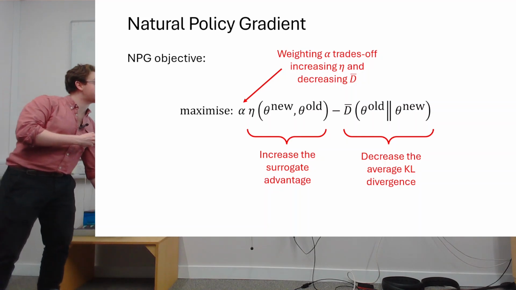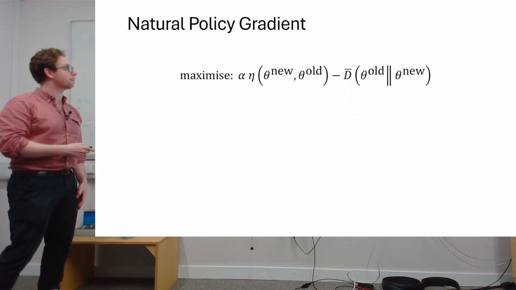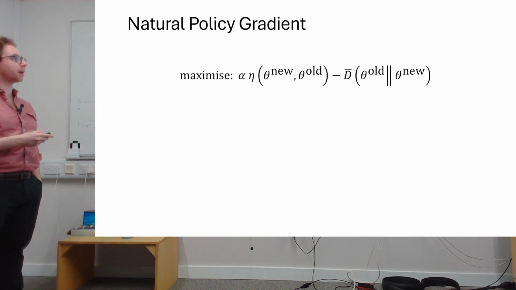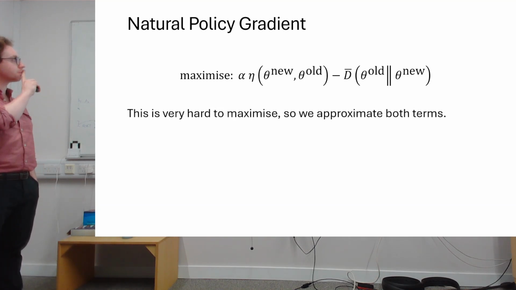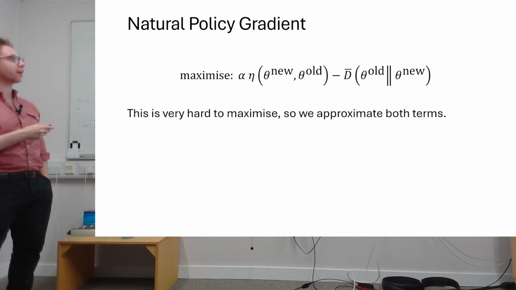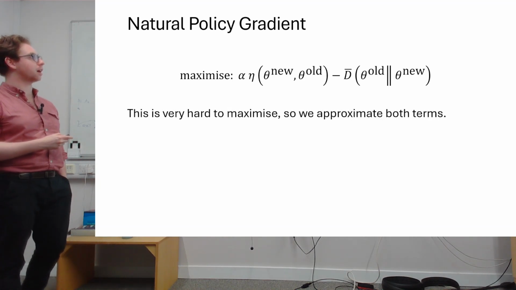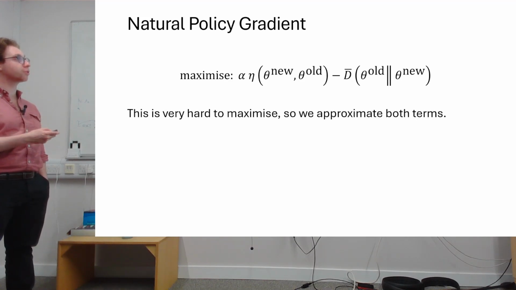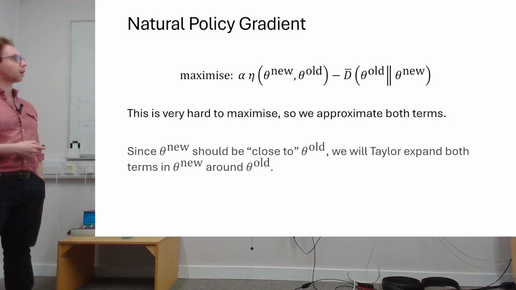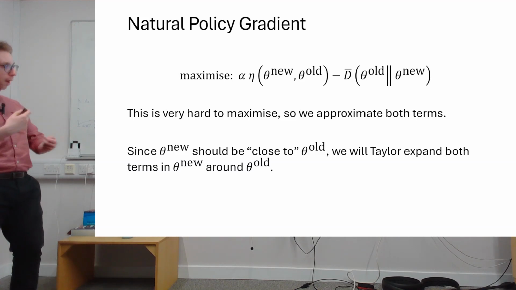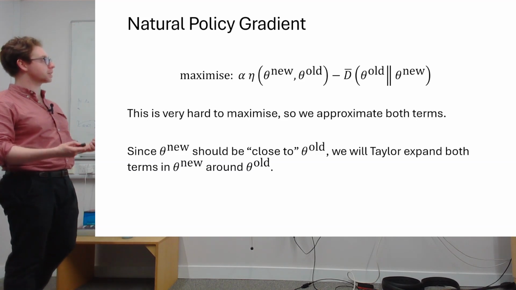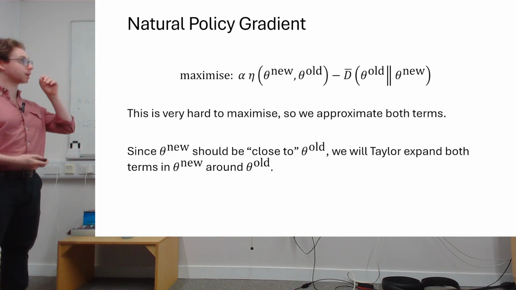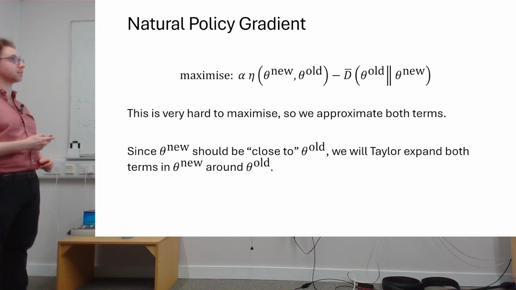Great, so this is the NPG optimization problem. Maximize alpha times the surrogate advantage minus the average KL divergence. This is very hard to maximize in any kind of analytic fashion. So what we're going to do is approximate both of these two terms. I know that I shouldn't be taking massive steps in parameter space, so theta new should be pretty close to theta old.